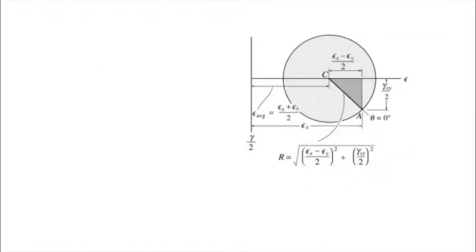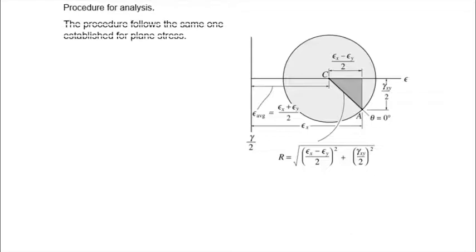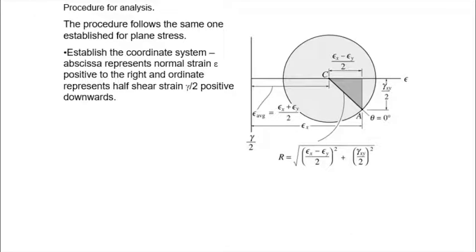How we are going to draw it is very similar, although not exactly the same. First, we establish the coordinate system and we determine whether the vertical axis, gamma over 2, is going to be on the left, somewhere in the middle, or to the right. So it depends on the value of the normal strains.